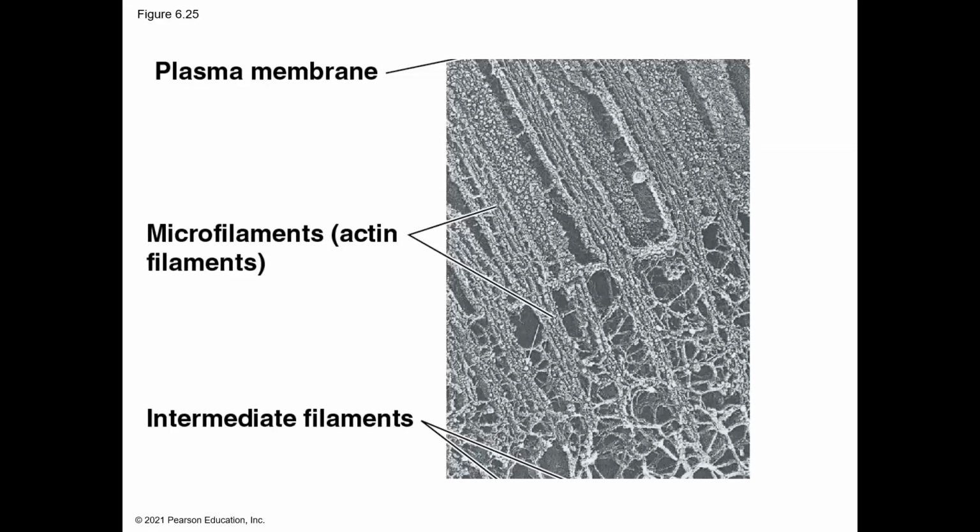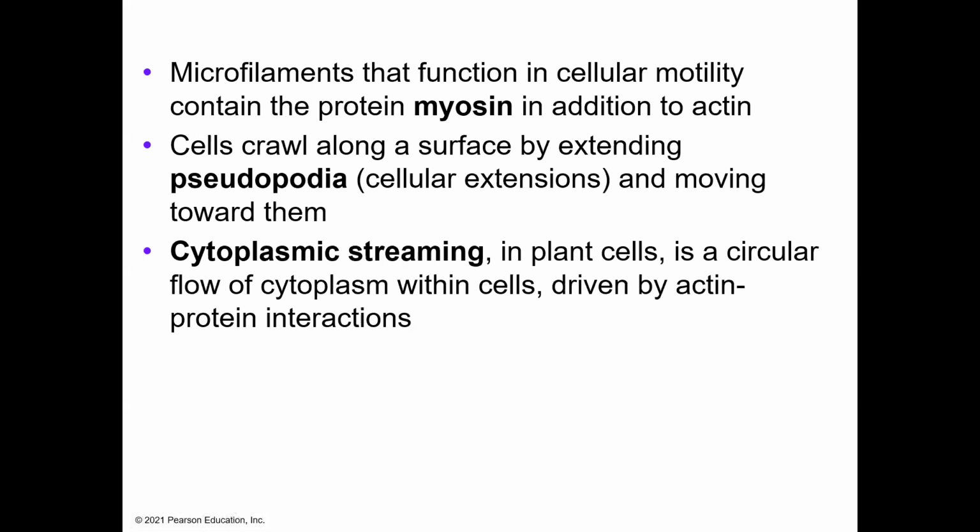So this is showing you have your plasma membrane, and then right outside of the plasma membrane, there will be layers of actin filament, and then there are intermediate filaments also. Microfilaments also function in cellular motility, and contain the protein myosin in addition to actin.